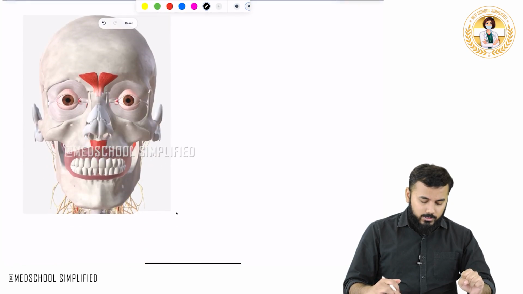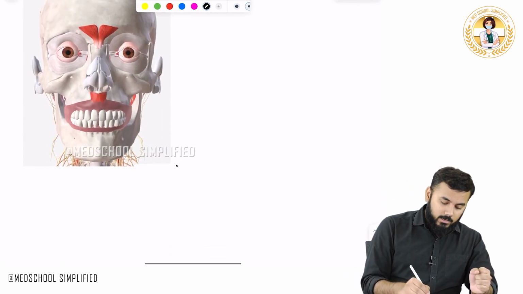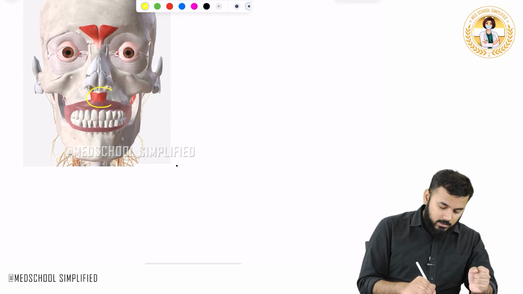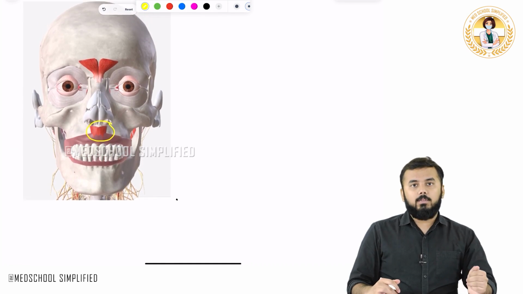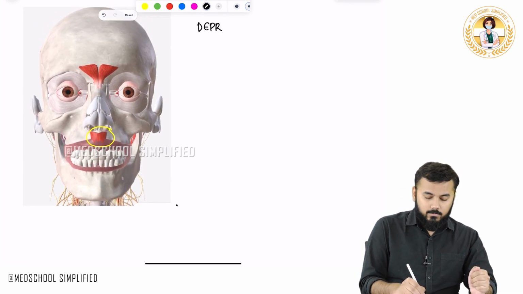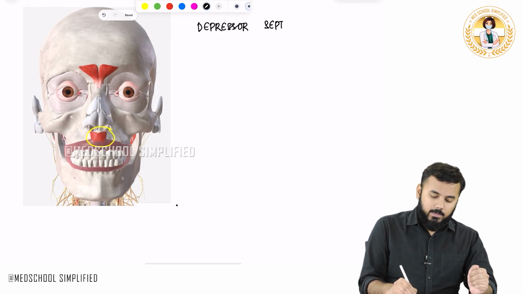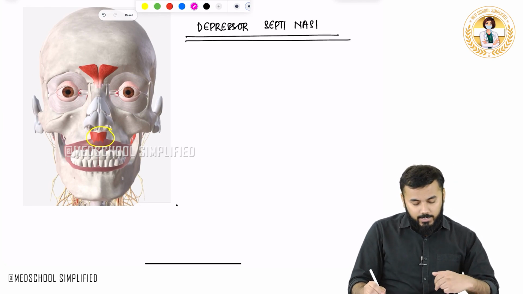Next, after this procerus muscle, the next muscle, you see this muscle located at the level of the maxilla. This muscle over here is called the depressor septi nasi muscle. Where does it originate?